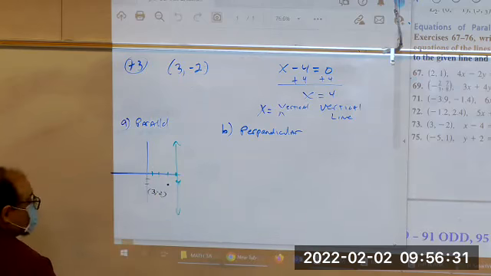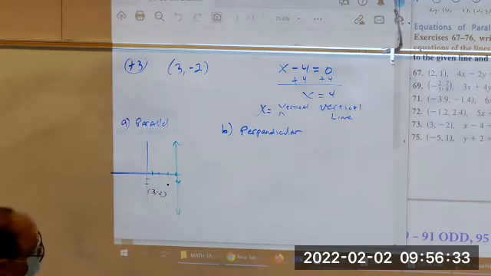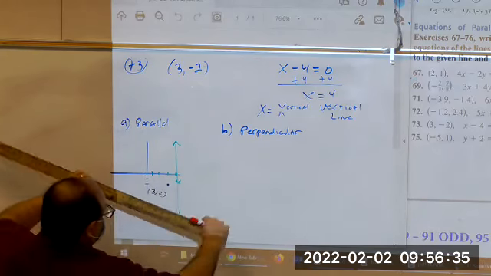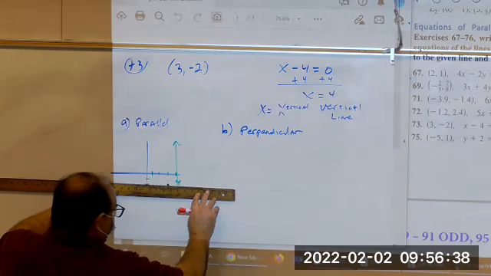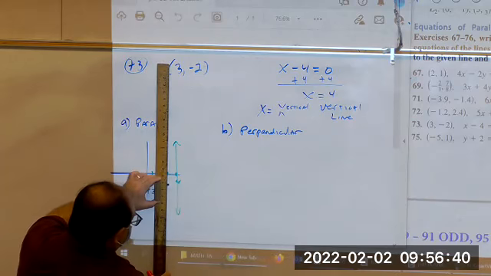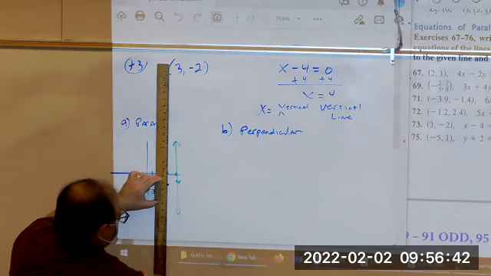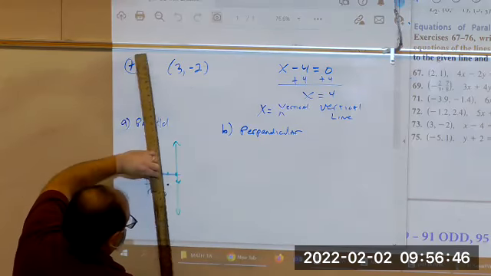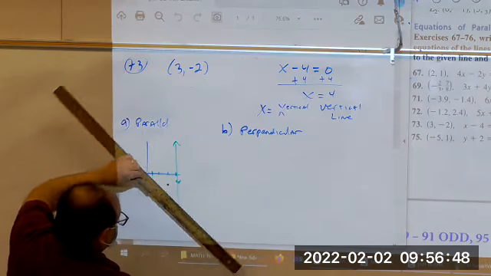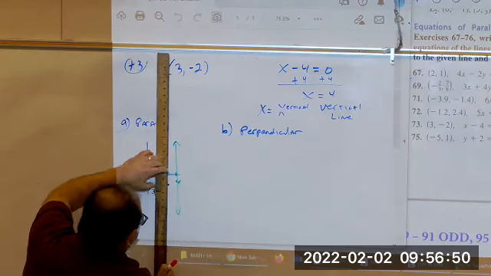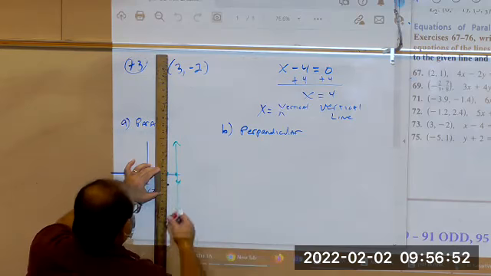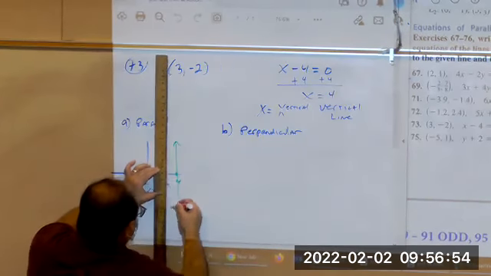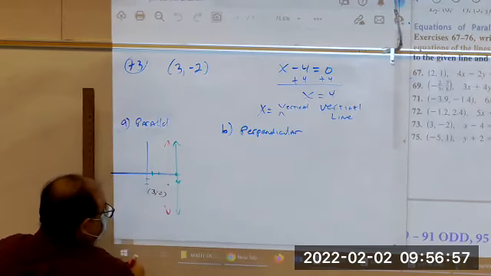So I'm going to draw a parallel line. Will I be drawing a horizontal or a vertical to be parallel to the green line? Vertical. It has to be vertical. So visually, it would be a vertical line like this.